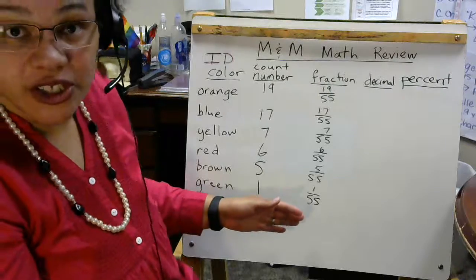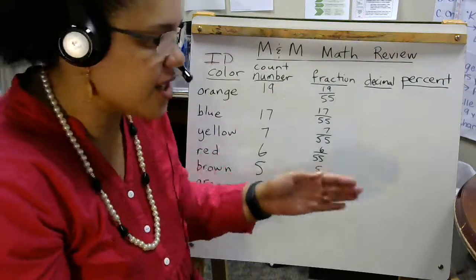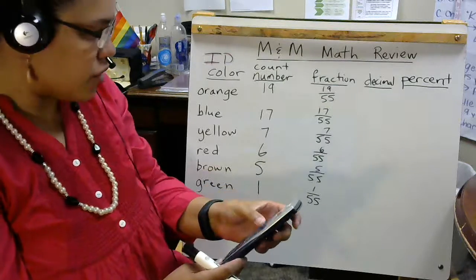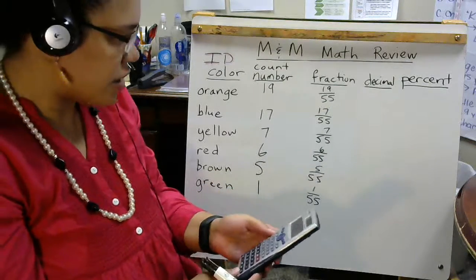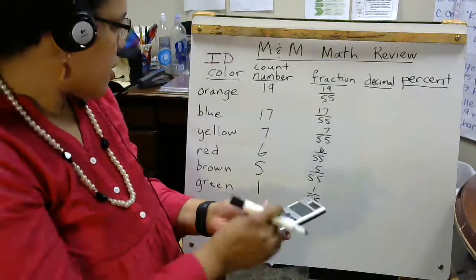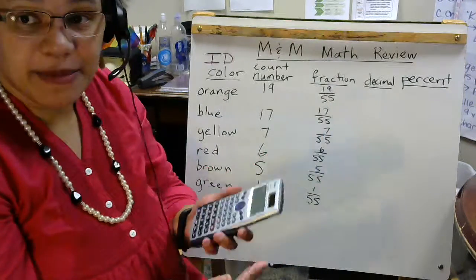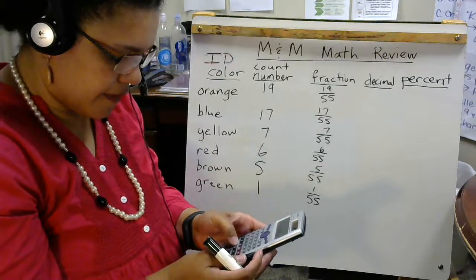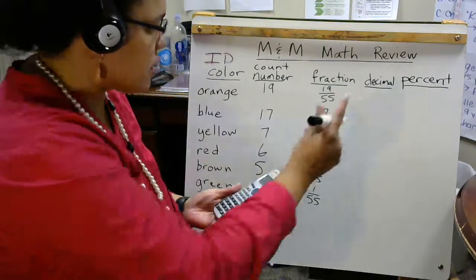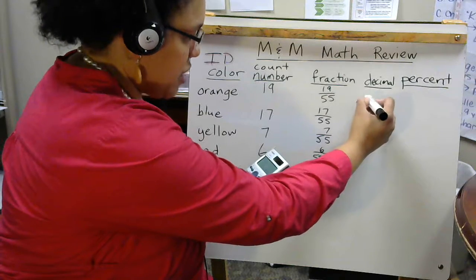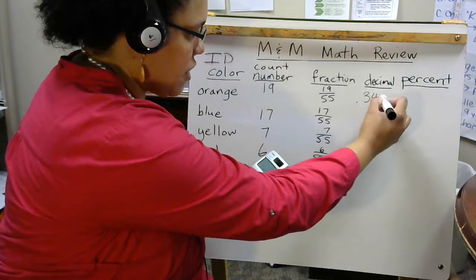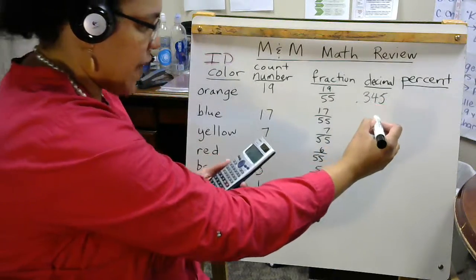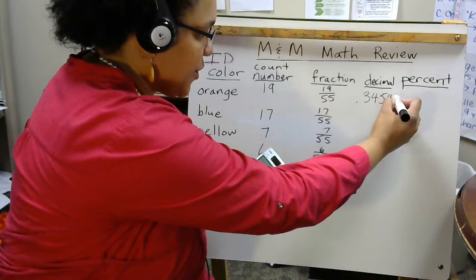Okay, so the decimal associated with that fraction, we divide the numerator by the denominator, or the top number by the bottom number. So for orange, I got my calculator, 19 divided by 55 equals 0.345, and it goes on 45454545.